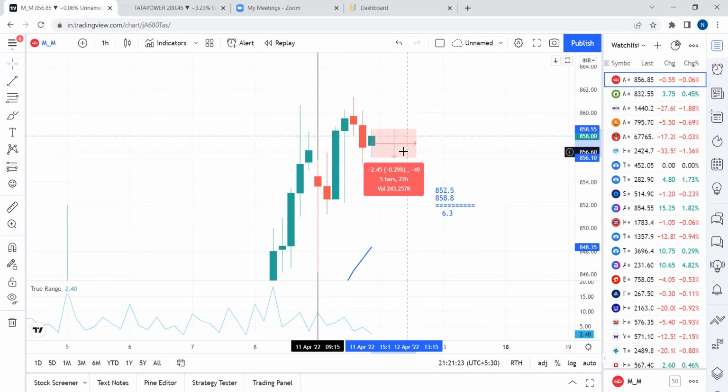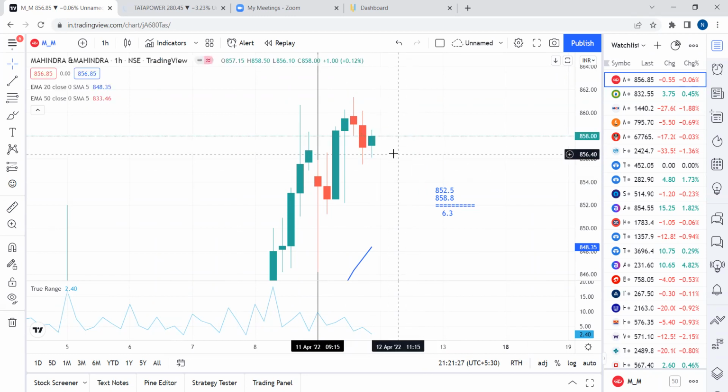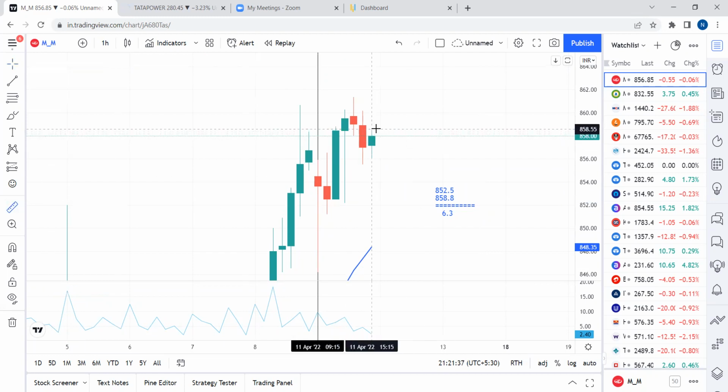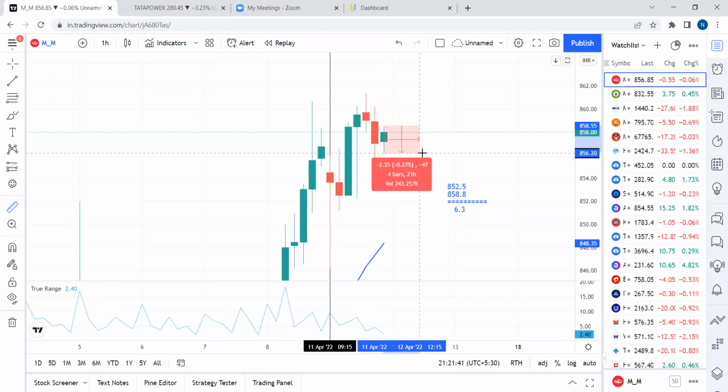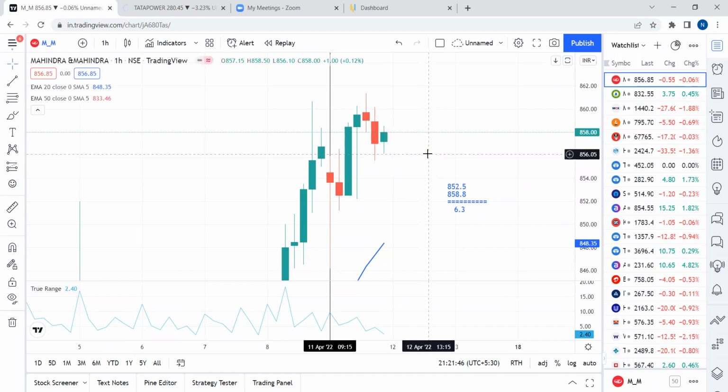If for this candle the true range is 2.4, and you take a scale and draw, even that is showing the same.